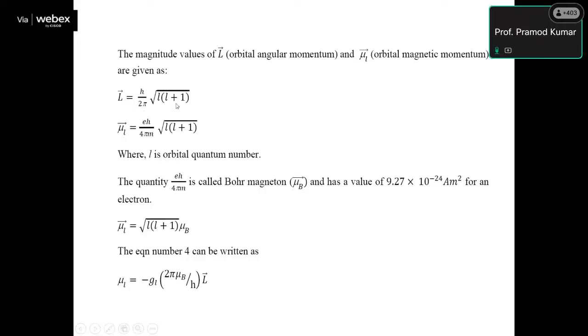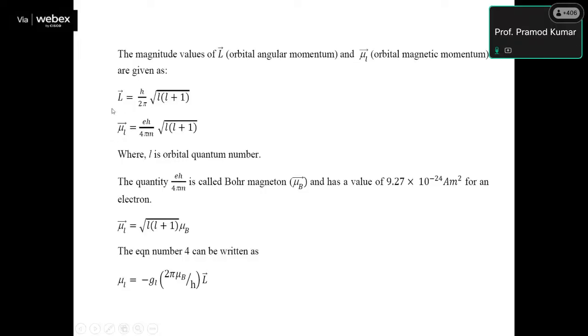number L, ħ√(L(L+1)). So it means we can replace this vector L with this orbital quantum number, which we are familiar with, like principal quantum number, orbital quantum number, magnetic quantum number, spin quantum number. These four quantum numbers exist for any electron.